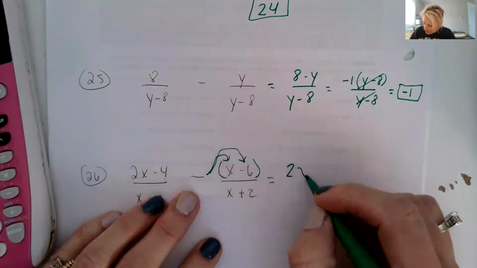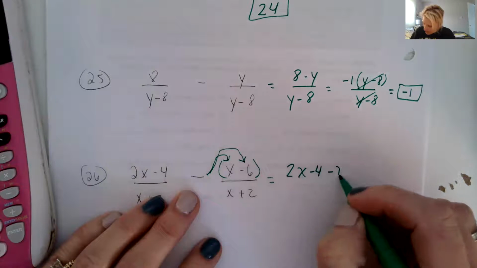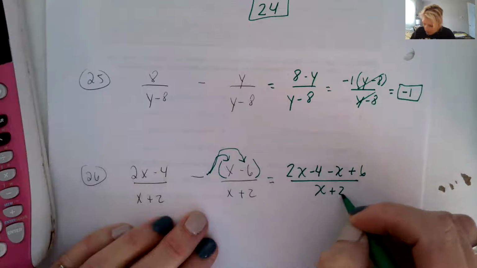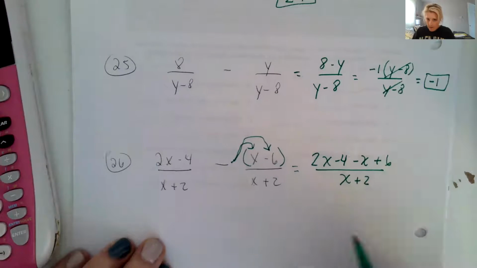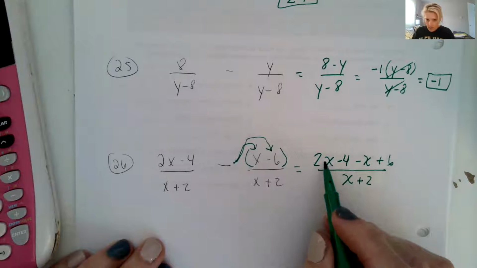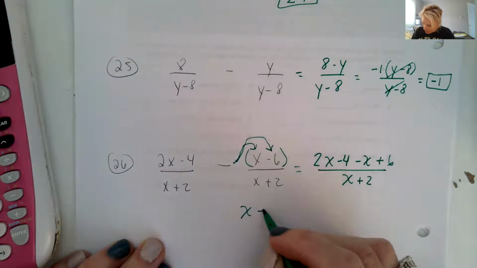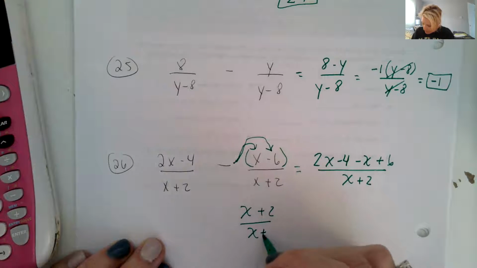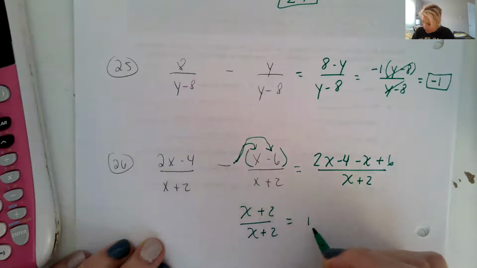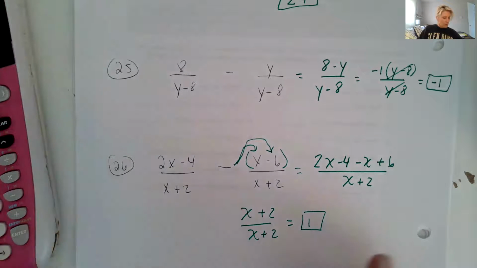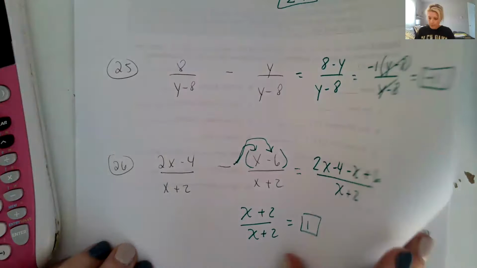So this becomes 2x minus 4, subtracting x plus a 6, all over x plus 2. And then we can combine like terms. 2x minus x is x, minus 4 plus 6 is a plus 2 over x plus 2, and that simplifies to a 1. So far, those are going very well.